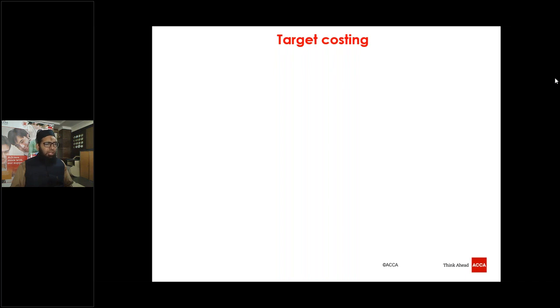But in target costing, first of all, we identify the price. Then we estimate the profit, and finally, we get the cost. So with this, our focus is external. This is because we first estimate the price at which the customer is willing to buy.